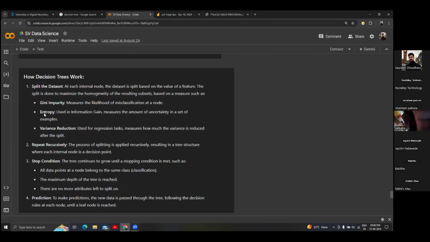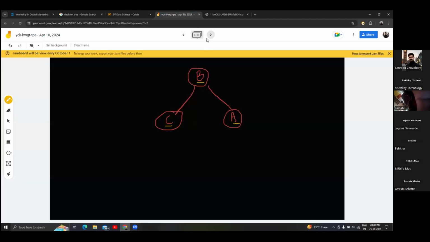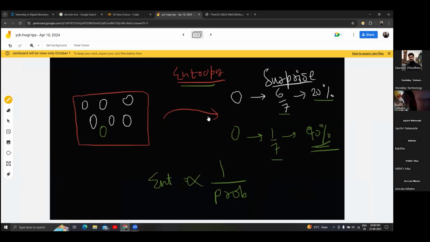That's Gini impurity. Okay, what is entropy? Entropy, used in information gain, measures the amount of uncertainty in a set of examples. Entropy is like, you can say here there are six white balls and one green ball. So if I pick up one ball and it is white, will you be surprised?